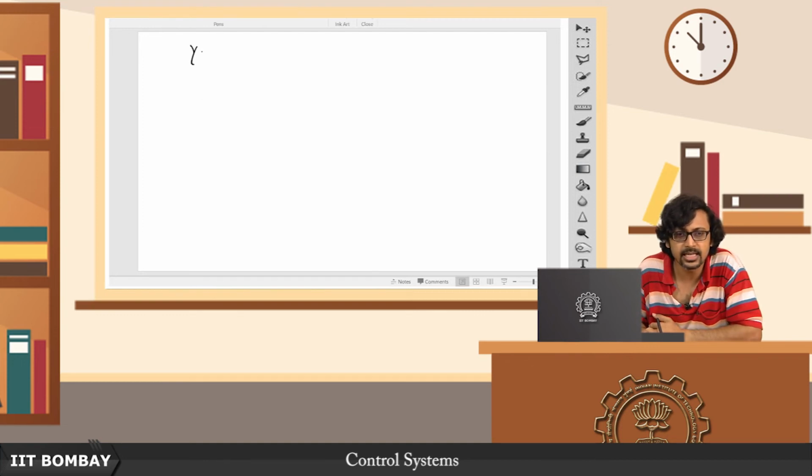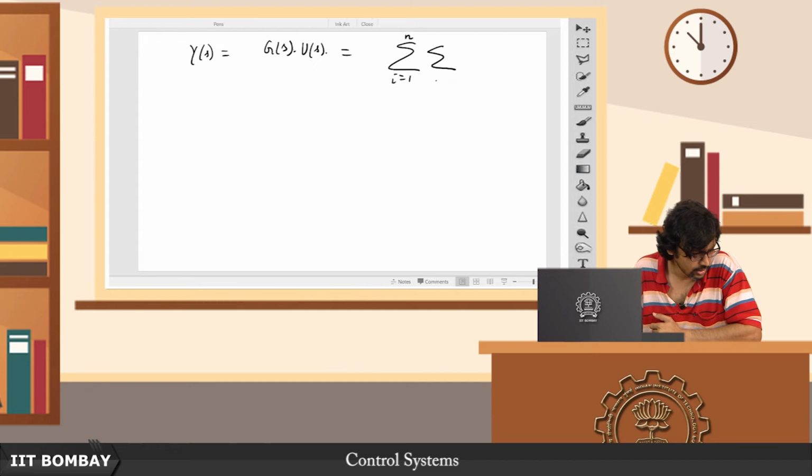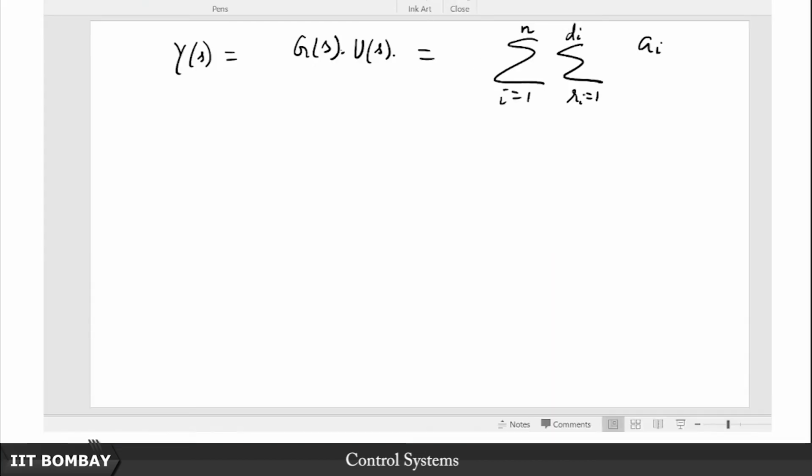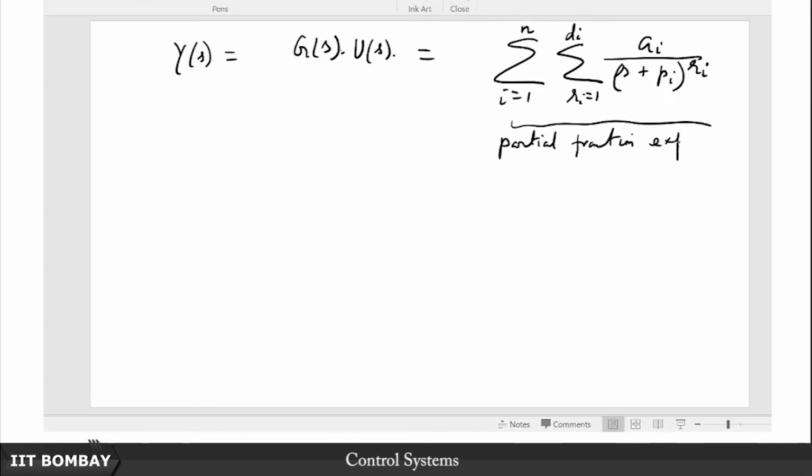In an earlier lecture we have seen that in general when Ys is given by Gs times Us, we can write this as the double summation, i equal to 1 to n, and then ri equal to 1 to di, of some constant divided by s plus pi to the ri, accounting for multiplicities of those different poles. This is the partial fraction expansion.